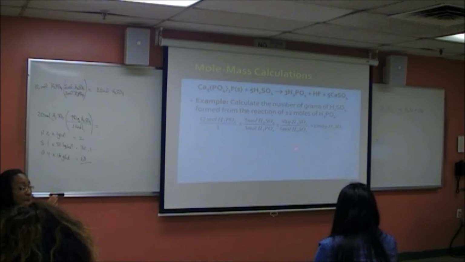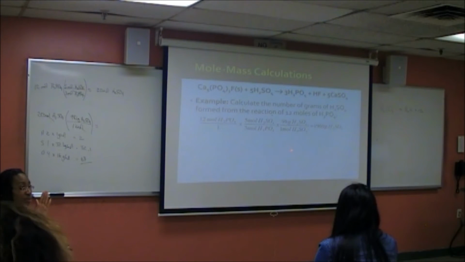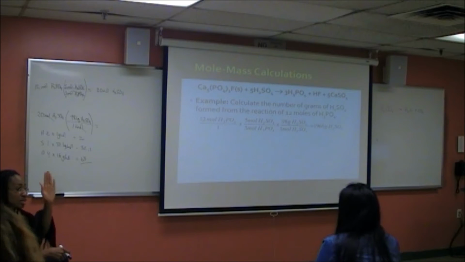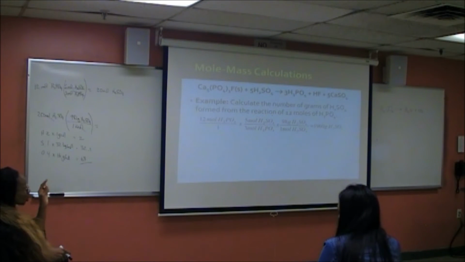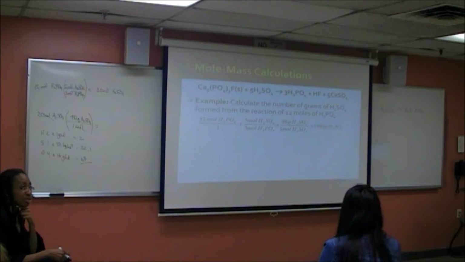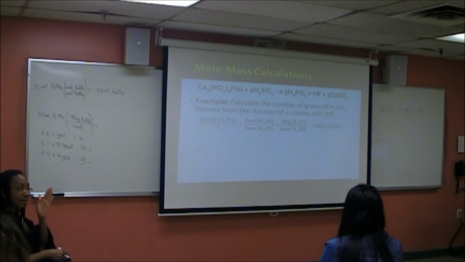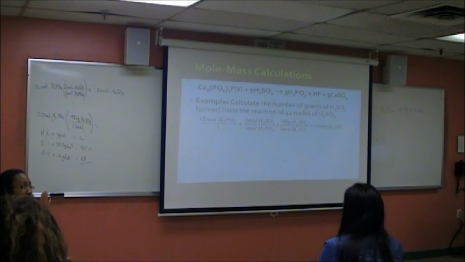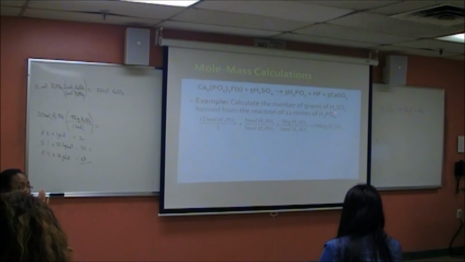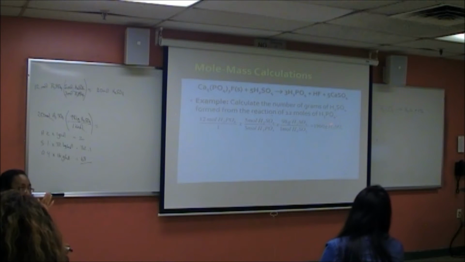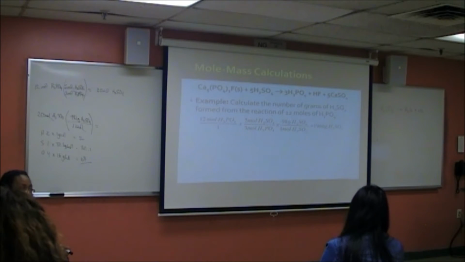I want 2 significant figures, so where would you draw your line? After your 9, in between your 9 and your 6. Now you look at your neighbor. It's bigger than 5, so therefore you round up. Okay.